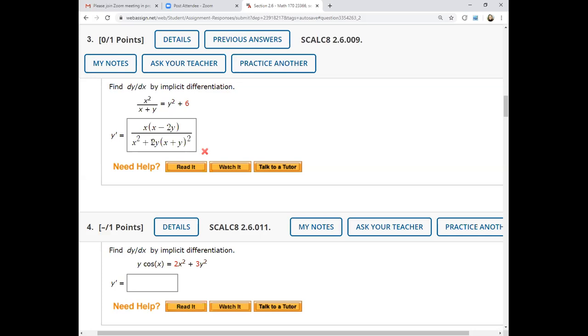Then this is 2x times that, minus x squared, minus x squared dy dx, okay, equals 2y.